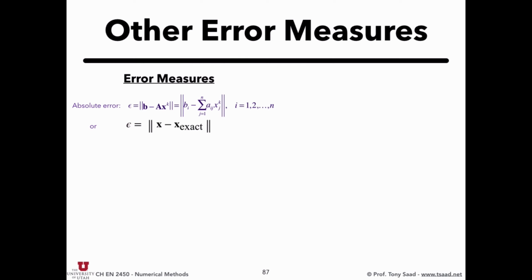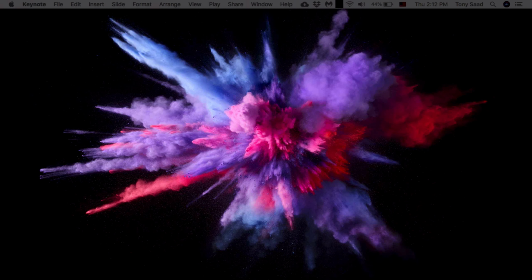So another definition of the error is simply xk minus x exact. Let me correct that. Takes me a second. So that second error is xk, the current iteration, minus the true solution. Completely legitimate, right?